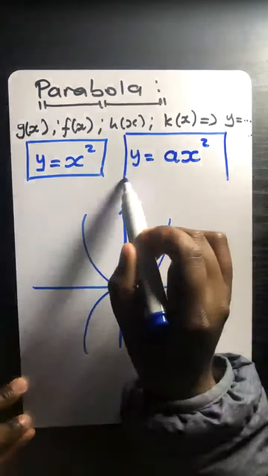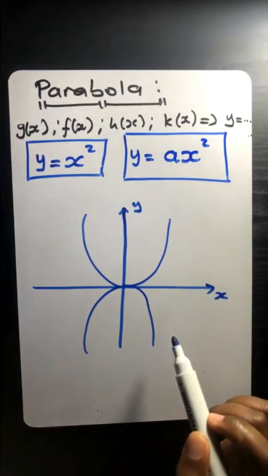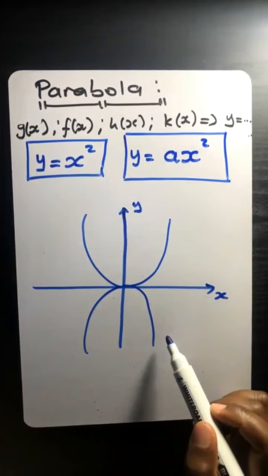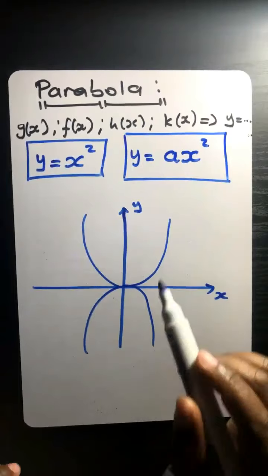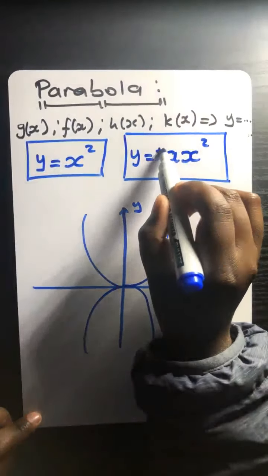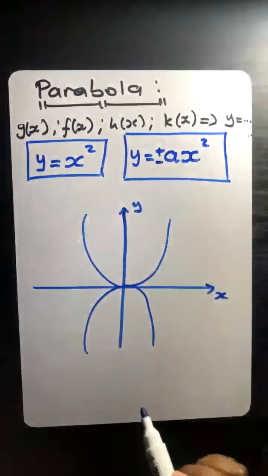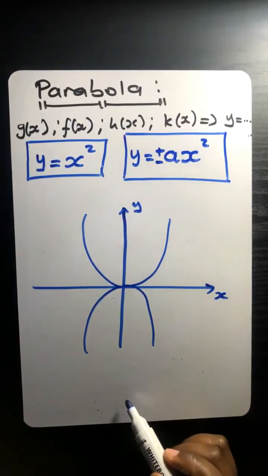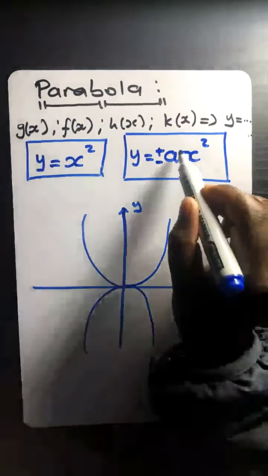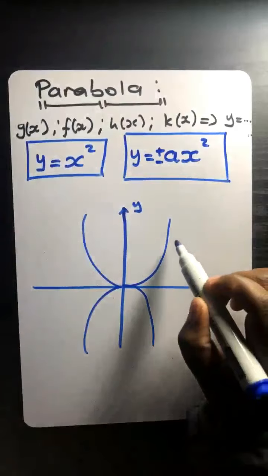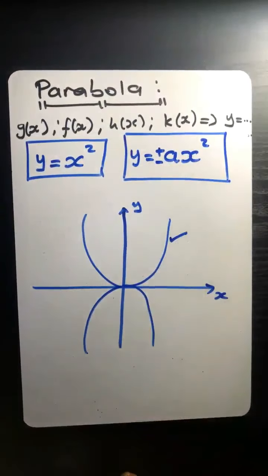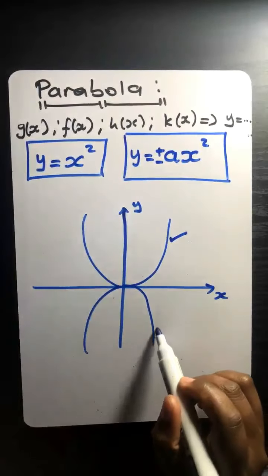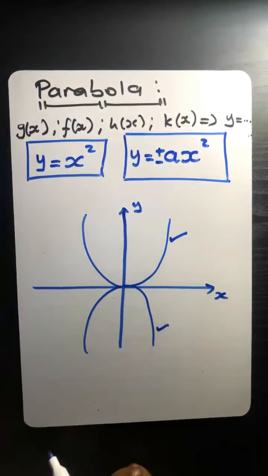That a value, ladies and gentlemen, influences the shape of a parabola, which means the a value can either be plus or it can be minus. So when you have a positive a value, that's when you have that type of shape. When you have a negative a value, that's when you have that type of shape.